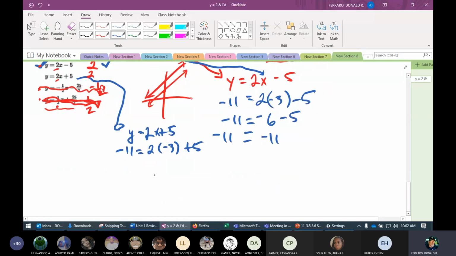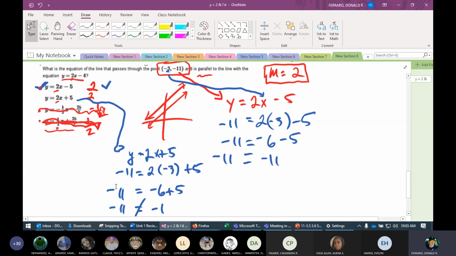And 2 times negative 3 is negative 6 plus 5, and negative 6 plus positive 5 is negative 1, and that does not equal negative 11, so I eliminate that as my answer.